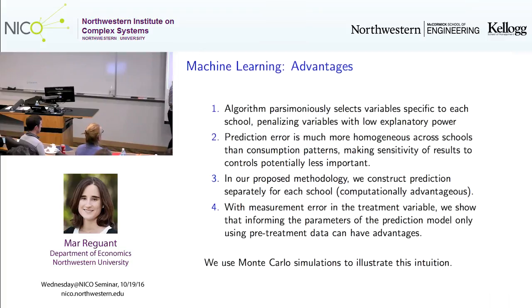And then finally, and this is related to using only pretreatment data, because we only use pretreatment data, we can play with the cutoff of what pretreatment data are, so that we don't worry about the treatment effect being contaminated in the selection process.